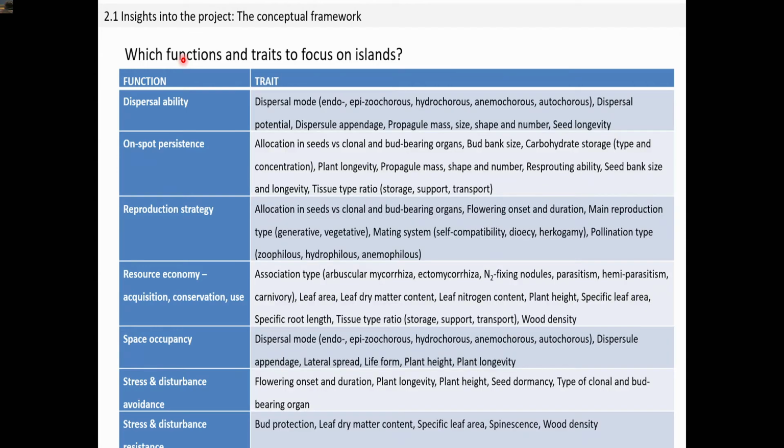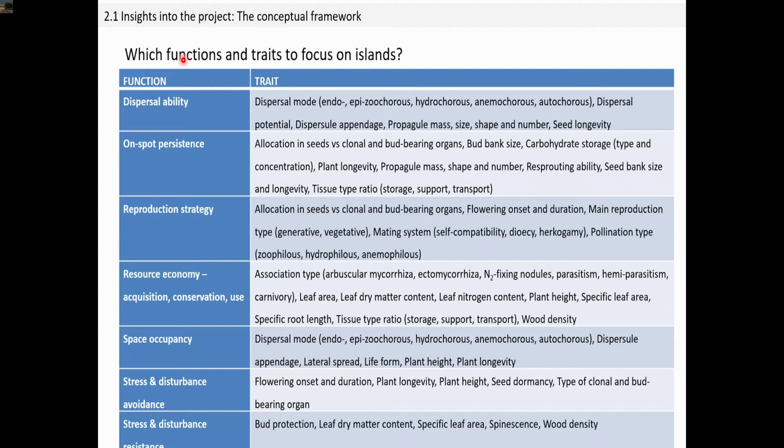And then we here reported the list of potential traits that one can pick up, either to go and collect in the field, or if data are available from existing databases. It doesn't mean that one should collect the whole thing. Depending on the research question, one can, for example, be interested only in dispersal ability, so one can work with one or two dispersal traits.